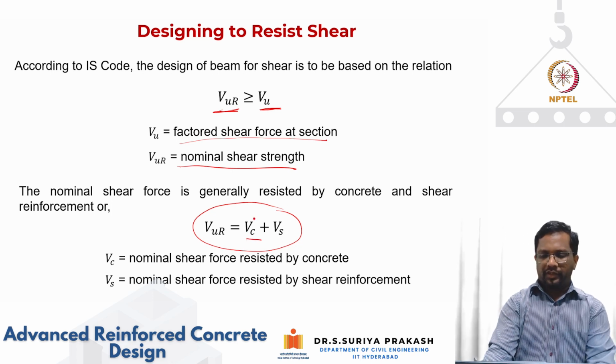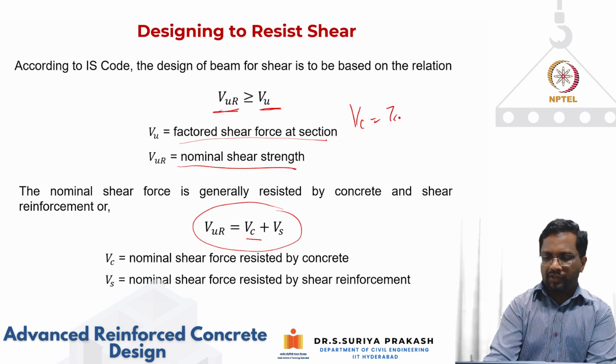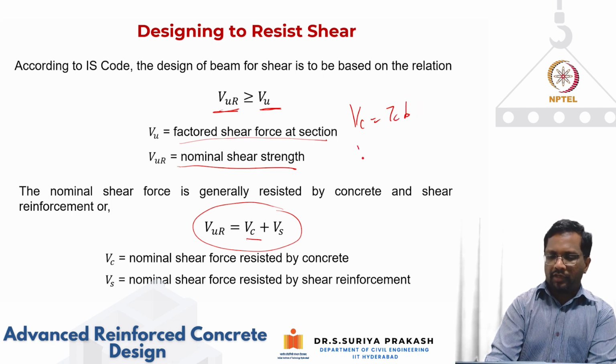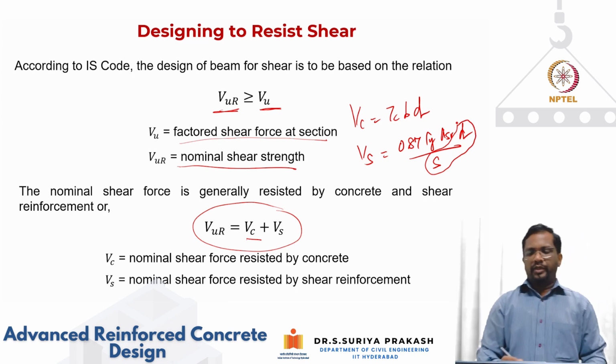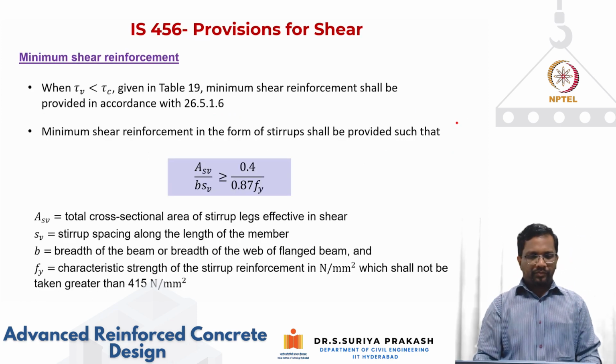Now, we know that we can write that as tau C times bd, and VS is basically 0.87 Fy times ASV times d by SV, right? So this is basically your number of stirrups. Okay, so in this way we can calculate.